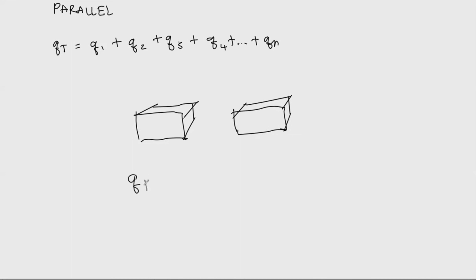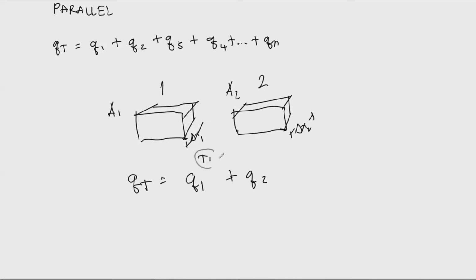So you will be having simply Qt. Let's say this is 1 and this is 2, so that is simply Q1 plus Q2. For example, I have area 1 here and then area 2 here. This one is delta x1, this one is delta x2. Of course, the temperature that will be starting here is just the surrounding, let's say inside.